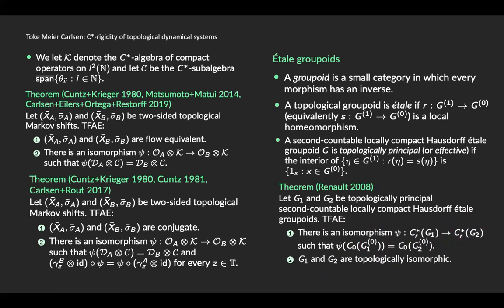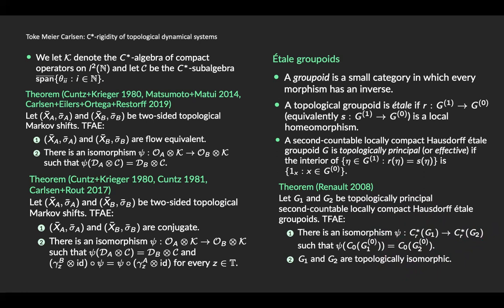But the Weyl groupoid is always topologically principal. So there's no way of generalizing this result if you use the Weyl groupoid, because you can only recover topologically principal groupoids in this sense.